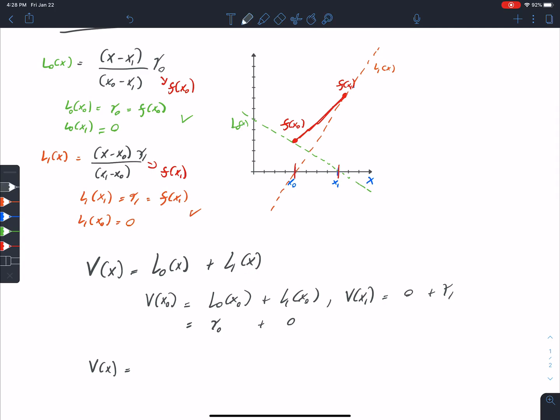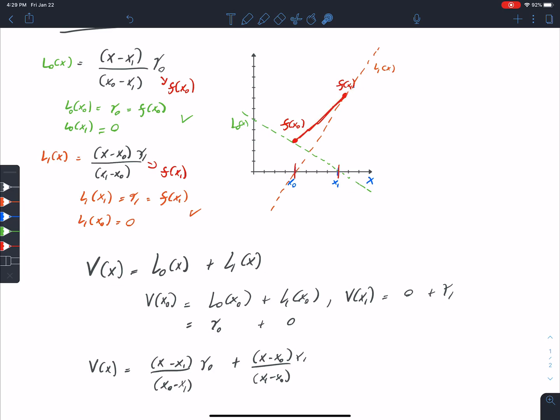So this is going to be x minus x1 divided by x0 minus x1 times y0, which again is given as a data point, plus the line for x1, line 1, and that's going to be x minus x0 times y1 divided by x1 minus x0. Right? So we can very quickly find a polynomial that passes through 2 data points.